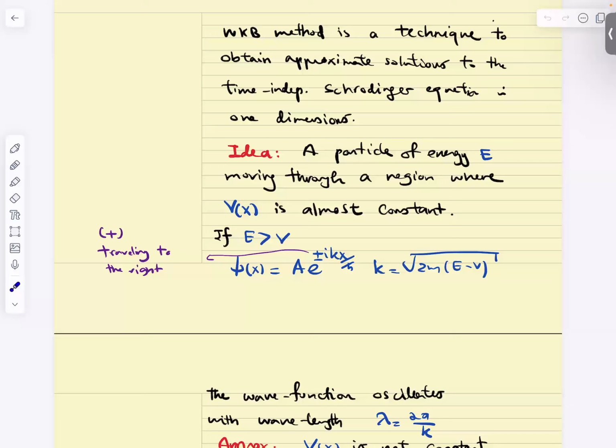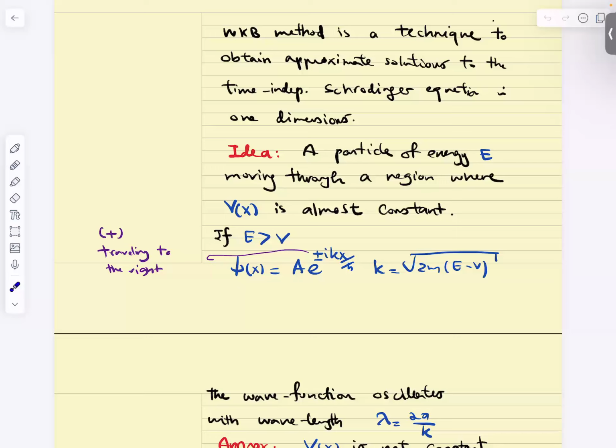Then it's easy to solve the Schrodinger equation locally. It's just a constant potential. What is the solution? We have i h bar dt of psi equals the Hamiltonian, which is p squared over 2m. Oh, actually, no, sorry. I want to solve the time-independent equation.